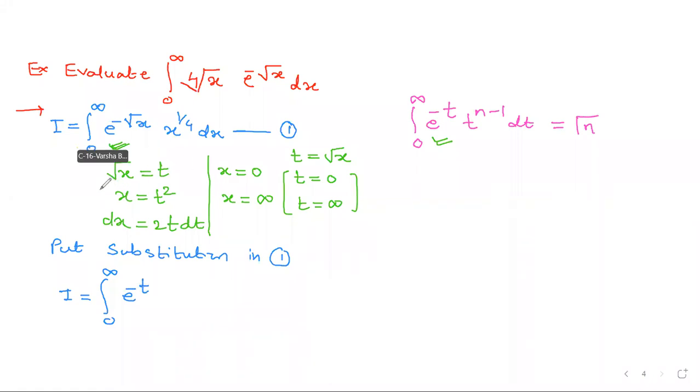What is x? x is equal to t square. तो x की जगह पे t square रख दो. t square and its power is 1/4. And dx is 2t dt. लास्ट टाइम जो substitution था वही था, इसलिए मैंने फिर directly लिख दिया. सॉरी मैम, 2t चाहिए ना मैम? हाँ, 2t dt.